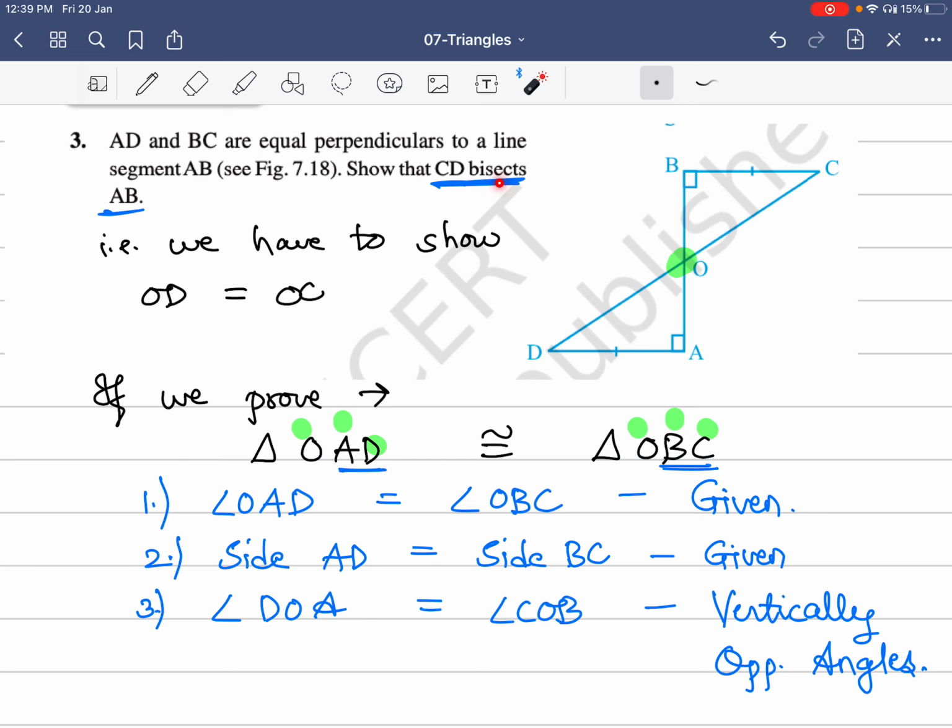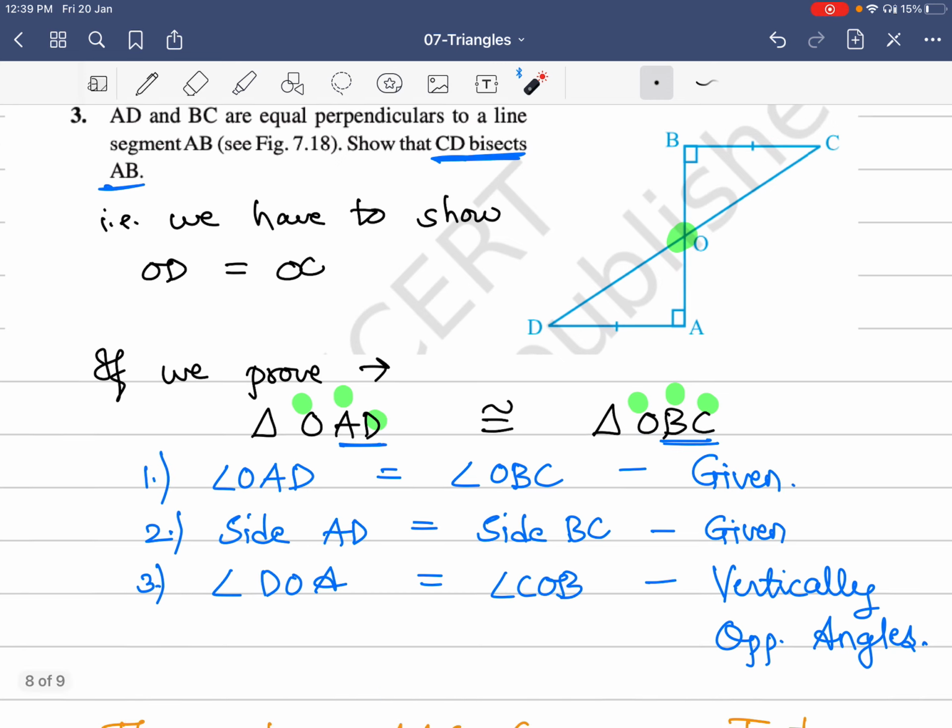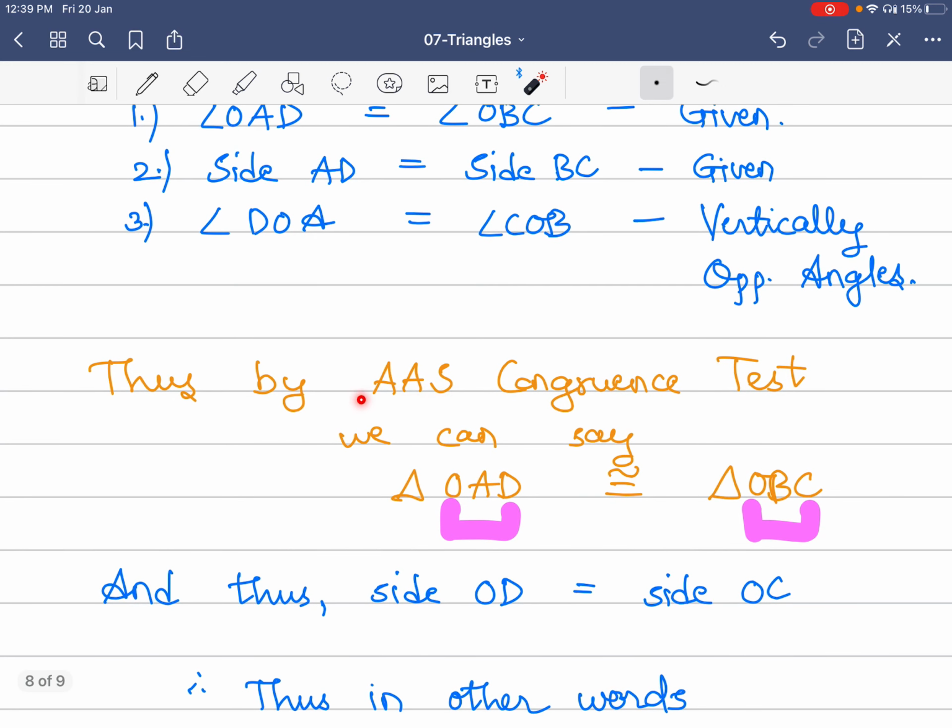In order to show OD is equal to OC, we thought that we should prove that triangle OAD is congruent to OBC, and the order in which we wrote this is very important. Then we quickly noted down 3 points and used the AAS test to show that the triangles are congruent. That was the flow of thought, or the approach, in which we solved this problem.